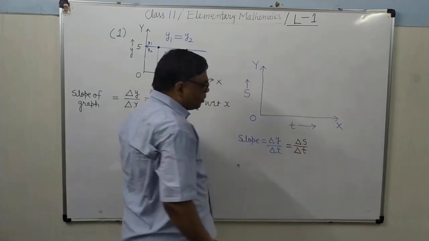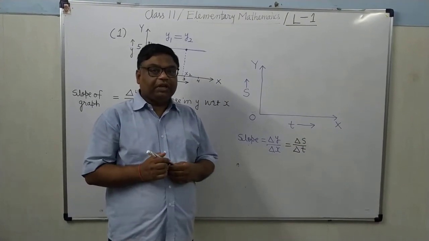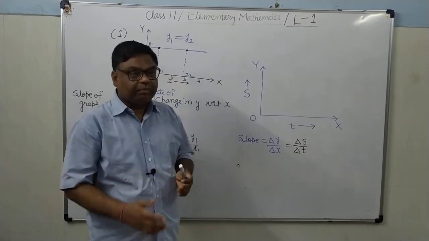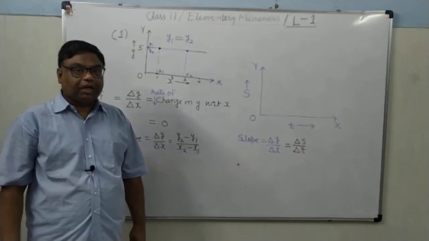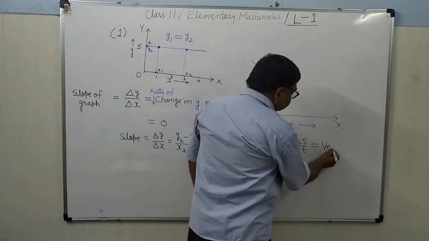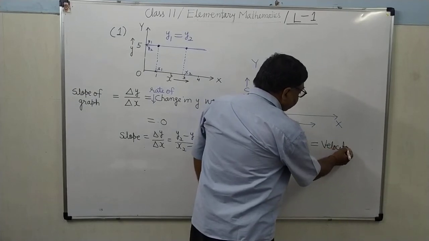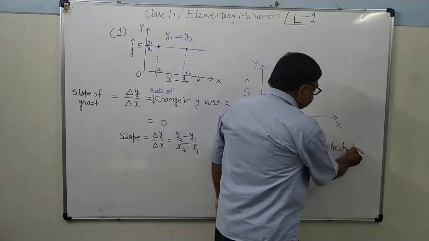What is delta s upon delta t? Displacement upon time. So as we know, displacement upon time is velocity. It is clear? We can also say it as speed.